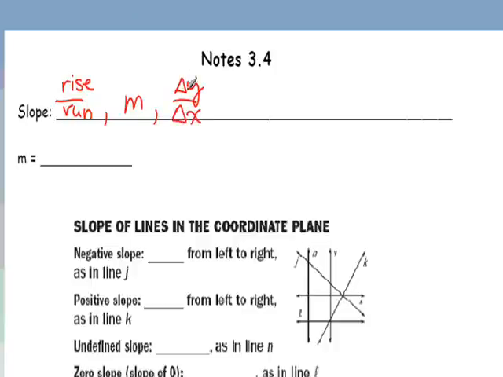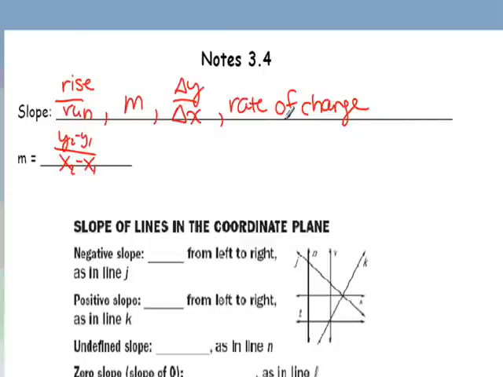This delta means change, so we're talking about the change in y over the change in x, which leads us to our formula, which is the change in y, so y2 minus y1, over the change in x, which is x2 minus x1. So since all you guys have had Algebra 1, you should have this formula memorized, no problem. Another way you might hear slope referred to, just to kind of bring back some golden oldies, is rate of change. Okay, particularly in word problems, you'll see rate of change a lot.